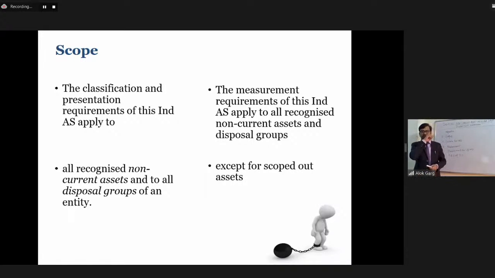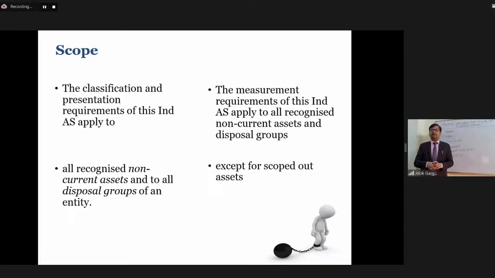The measurement requirement of this IND AS applies to all recognized non-current assets in a disposal group, except for some scoped out assets. Sir, what does it mean?